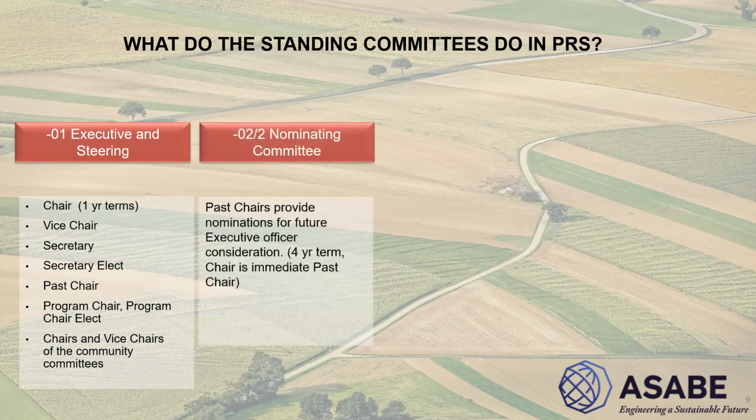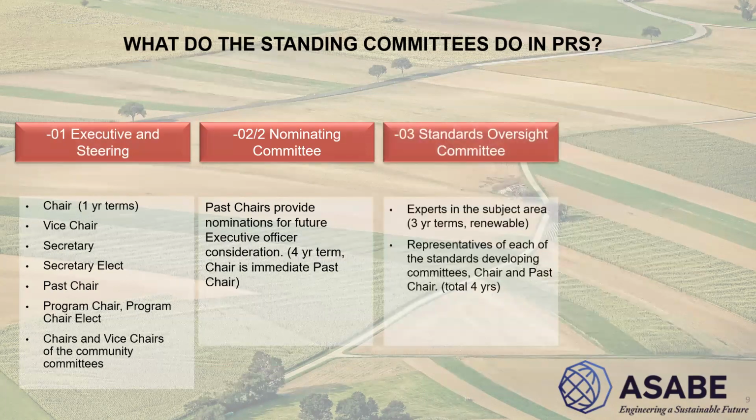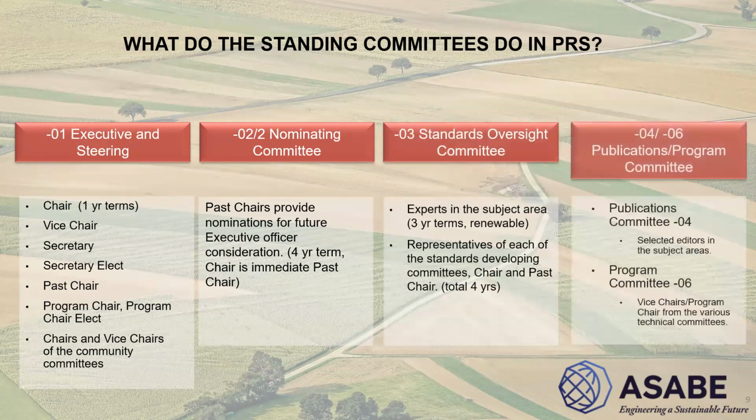The nominating committee is made up of past chairs, and they're responsible for selecting the nominees for future executive positions from the membership that are sitting on the O1 committee. Other standing committees are the Standards Oversight for all of the standards development under the Standards and Technical Council, and the Publications and Program Committees working under the Publication and Meetings Councils, respectively.